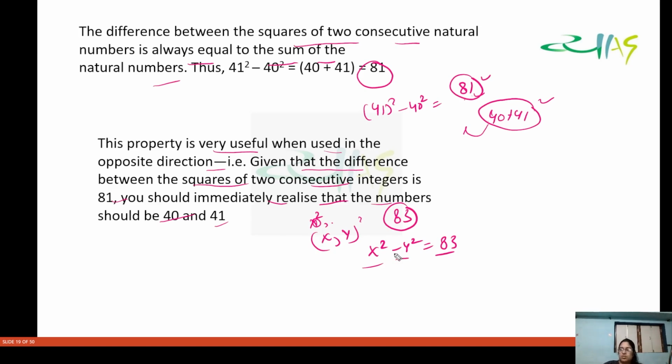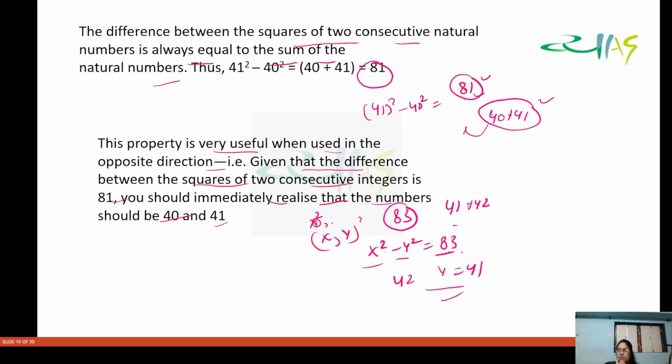So now can you know the numbers? What are the two consecutive numbers whose addition will be 83? Obviously 41 and 42, you will add, you will get 83. So what is x? 42. What is y? 41. Now you can know any number. This is how you can do these.